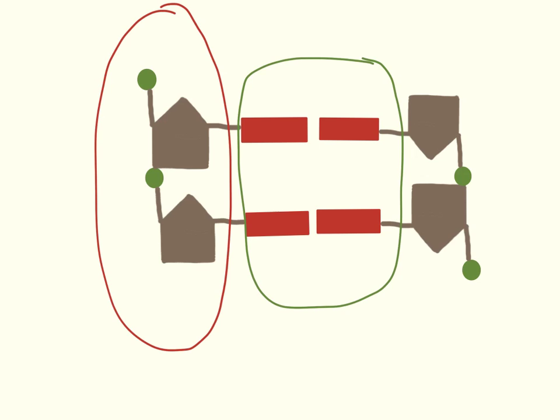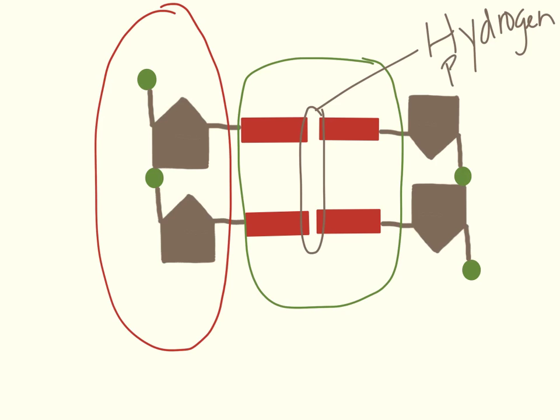In the center of the nucleotide bases are going to be hydrogen bonds. Those are important in the structure and the ability for DNA to easily replicate itself, as well as to be available for the transcription process.